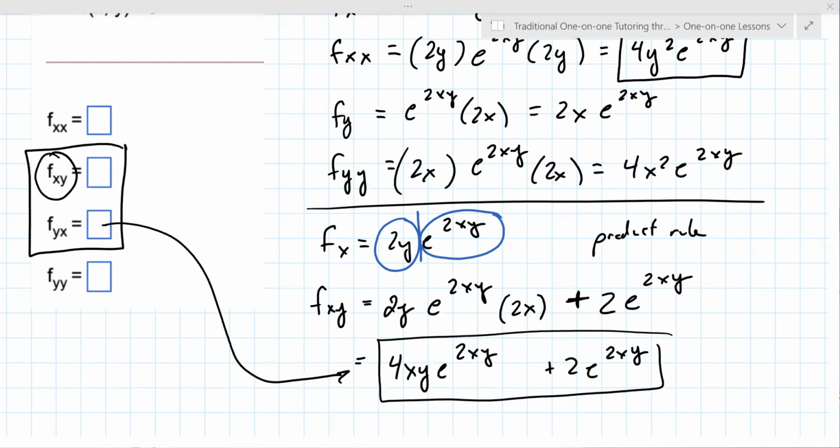All right, let me check that out. There it is.